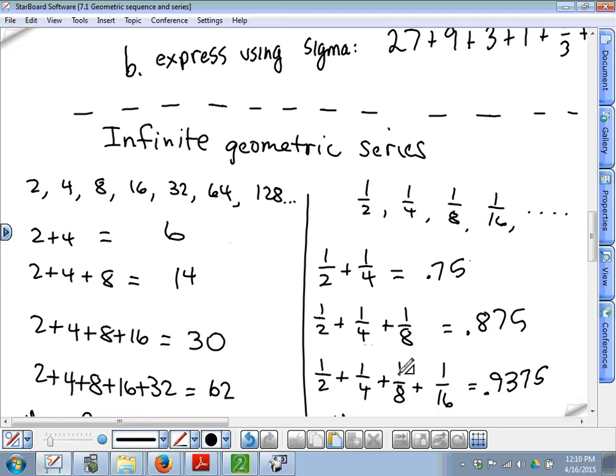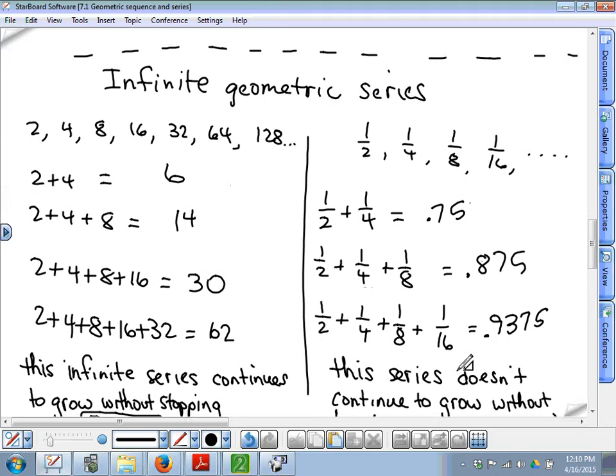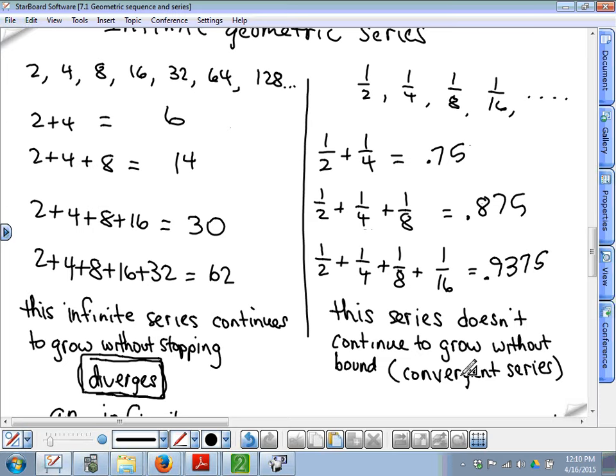So if you go out far enough in this sequence, essentially you're just adding 0 over and over and over again. So after a while, the sum is just essentially going to stop growing. You following? This is called a convergent series. This series doesn't continue to grow without bound, because after a while you're just adding such small numbers that they're almost 0. This is a convergent series.